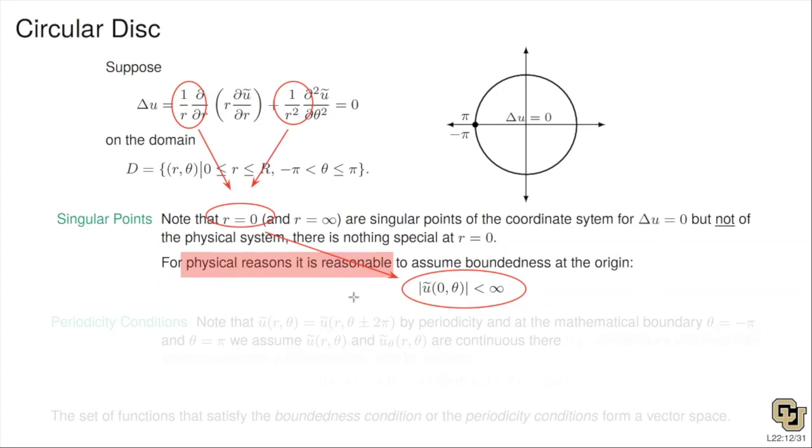I'm sure some Hollywood movie, I don't know. Let's think. Maybe the temperature would be blowing up at the origin. Maybe something like a jet plume, this would not be a good model. Or you just remove the boundedness assumption, I guess, if that isn't physically reasonable.